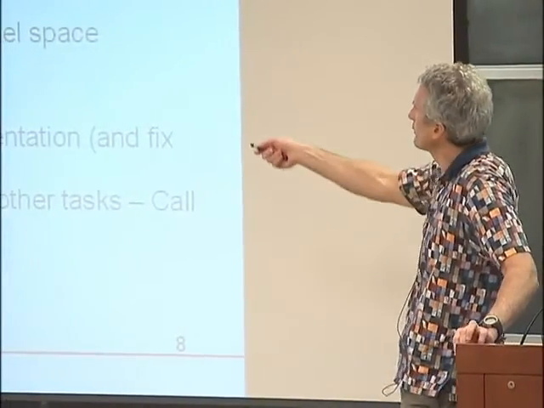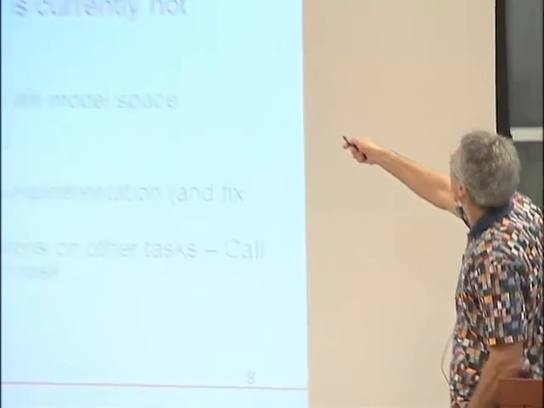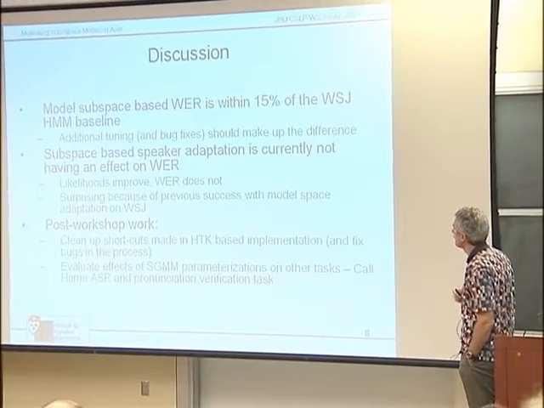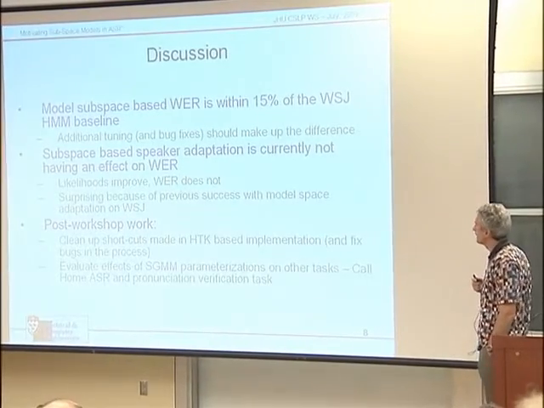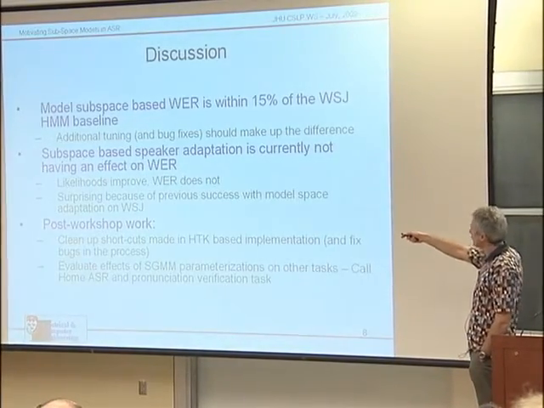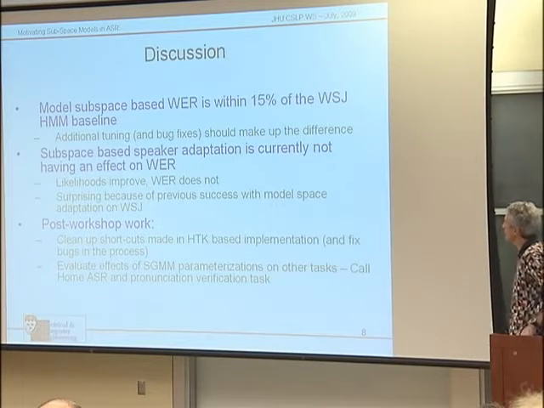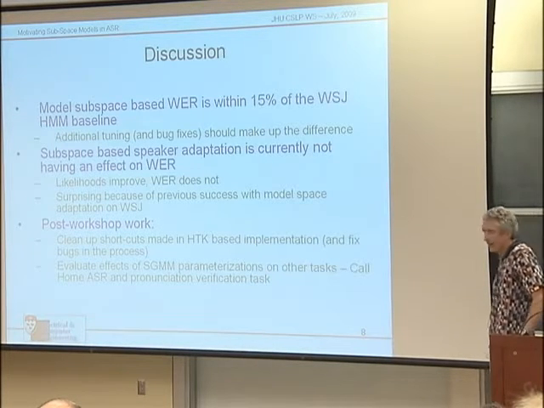Okay. So anyway, the other thing, we've gotten within 15% of the Wall Street Journal baseline. We assumed that additional tuning should make up that difference. We had been more optimistic about the subspace-based speaker adaptation, and that did not have an effect.